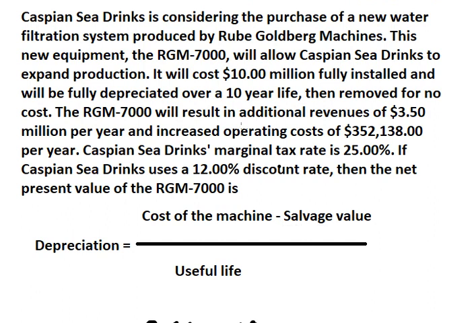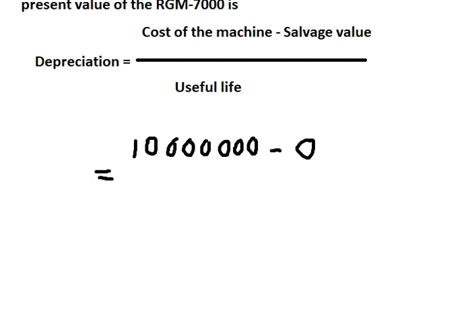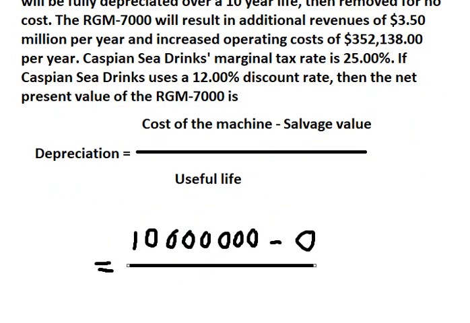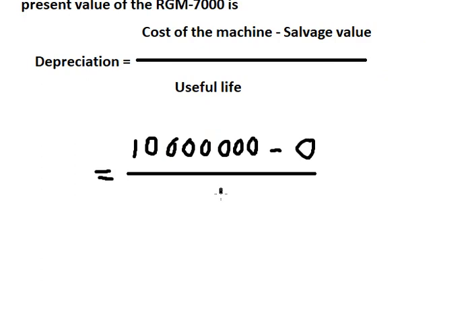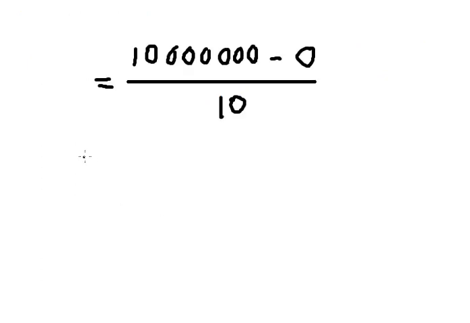This one we see that after 10 years they remove it for no cost, so that means 0. We divide by 10 years, and this one we have 1 million.